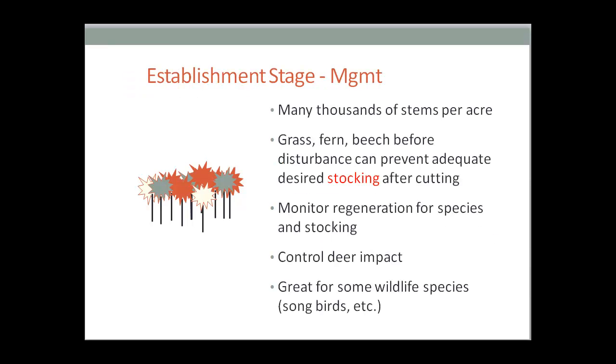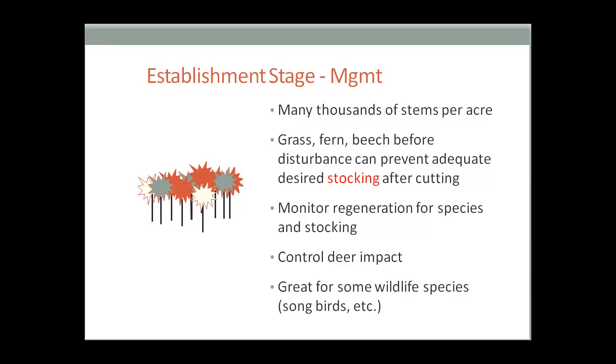The management that we should be thinking about during this establishment stage is based upon presuming that there are going to be many thousands of stems per acre. So this becomes a circumstance where we're not able to really manipulate individual stems, but we might be thinking about doing some broadcast rather than selective manipulations, if that's desirable.